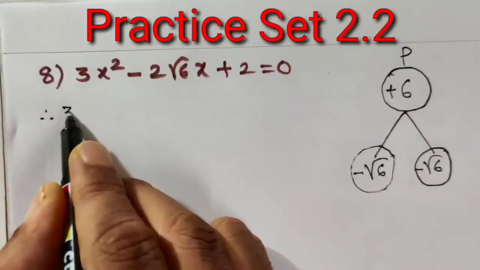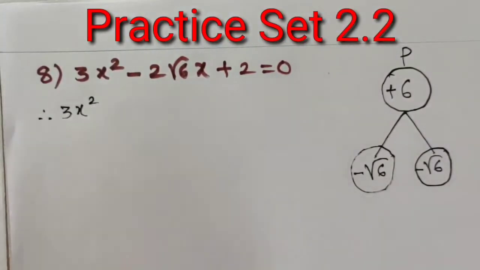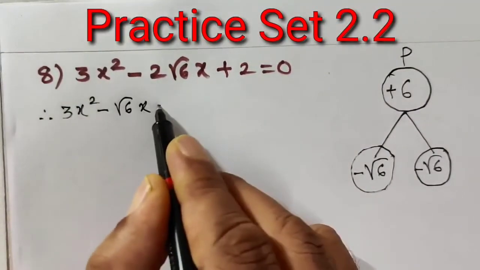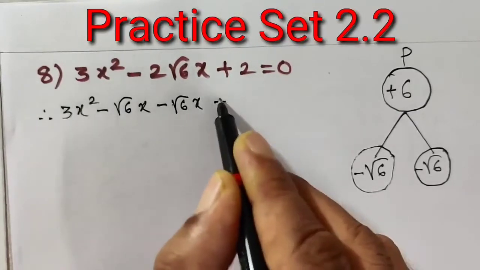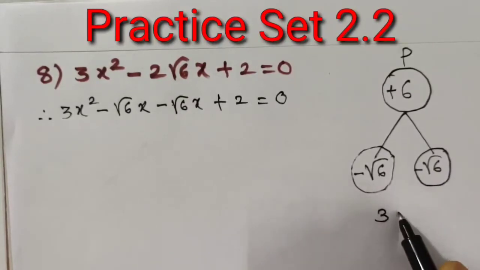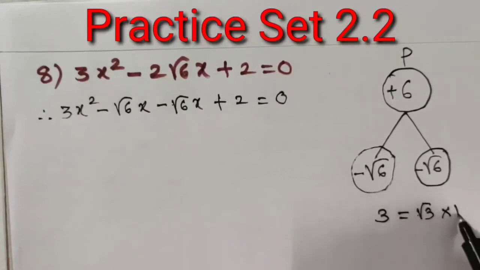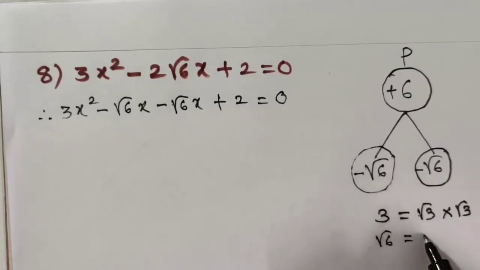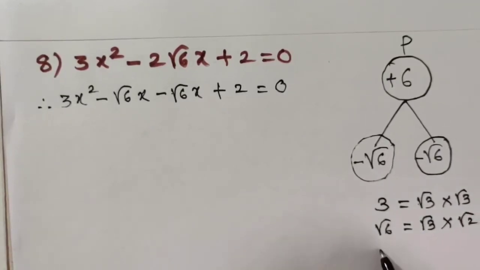So here 3x square, first term as it is, minus this 2 root 6 can be written as root 6x minus root 6x plus 2 is equal to 0. Now you know the laws of surds; we have to use those laws of surds here. This 3 can be written as root 3 multiplied by root 3, and this root 6 we can write as root 3 into root 2. And this 2 can be written as root 2 into root 2.